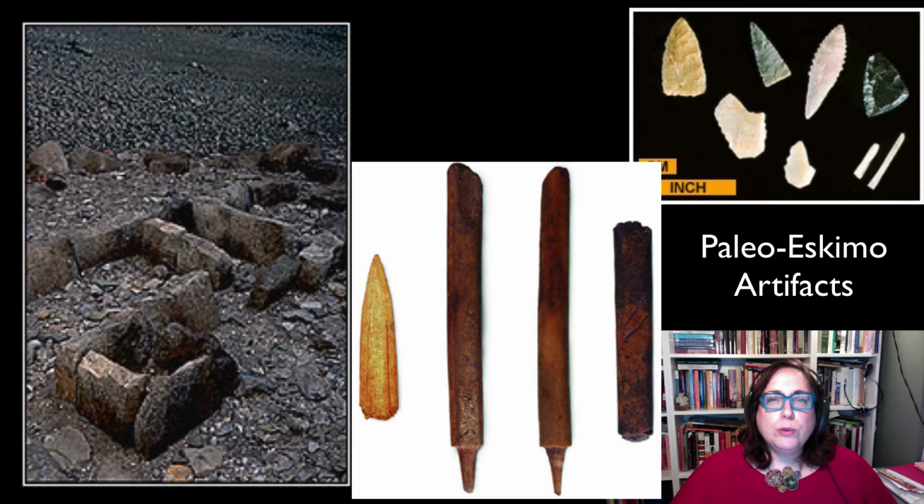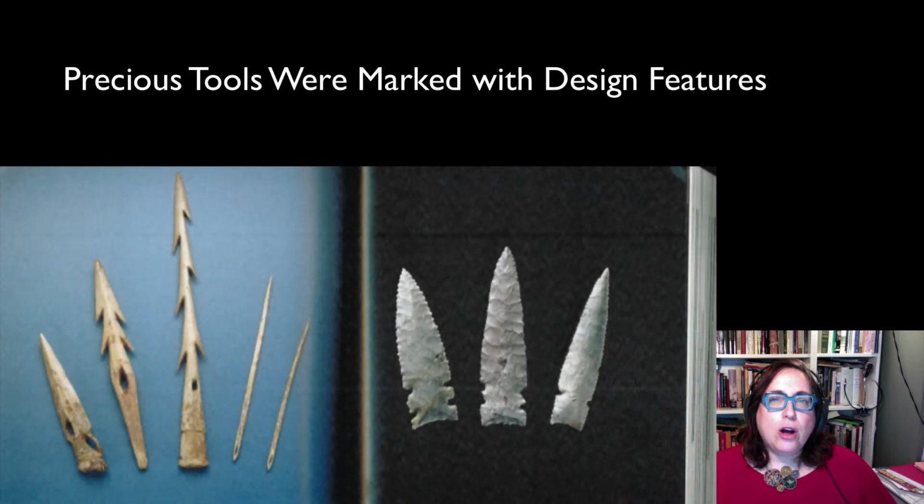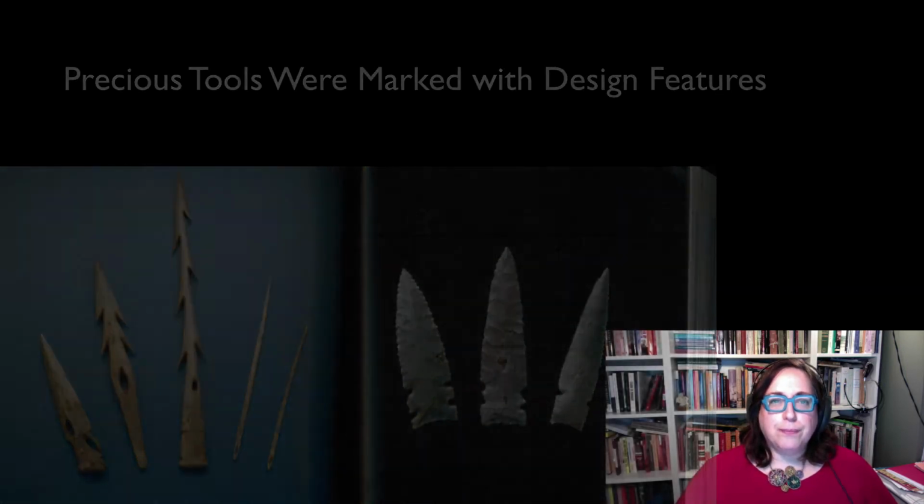That meant that the tools were made by those who had developed skills over time, and the tools were probably carefully cherished. These precious tools would then also be marked with design and shaped by the particular style of the maker as a demonstration of pride in skill and in the tool itself. And we can trace differences among tool makers, and we can also trace the changing styles over time.